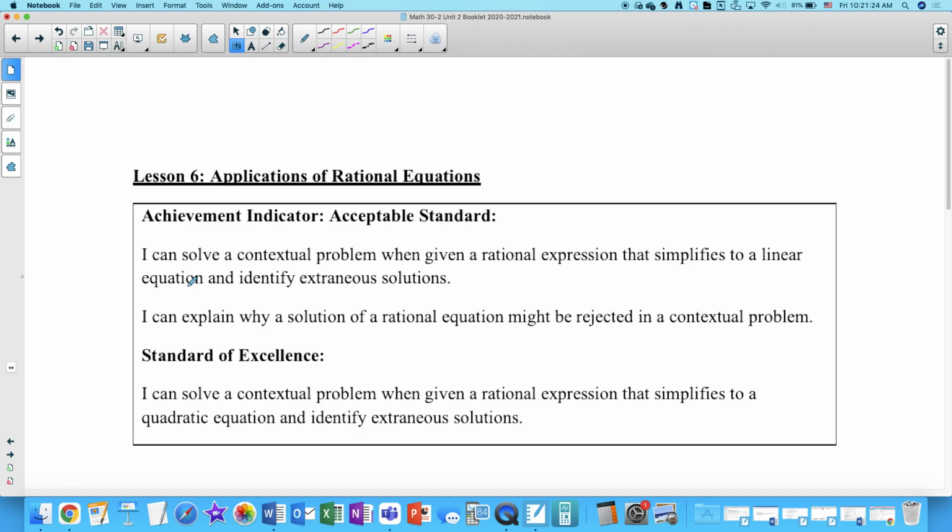Now, because a rational expression looks kind of like a fraction, the units that we might see when we're thinking about modeling a situation with a rational equation are ones that include rates. So almost all of these examples will include a rate, where you are comparing two things with different units.